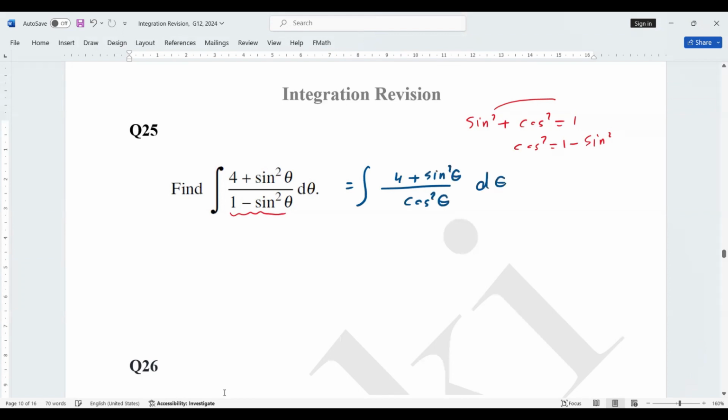Now, how can we do this? We separate. Of course, we can't use ln because cosine squared is not the derivative of sine squared. So we can't use ln. Now, we separate it. So it's integration of 4 over cosine squared theta plus sine squared theta over cosine squared theta d theta.